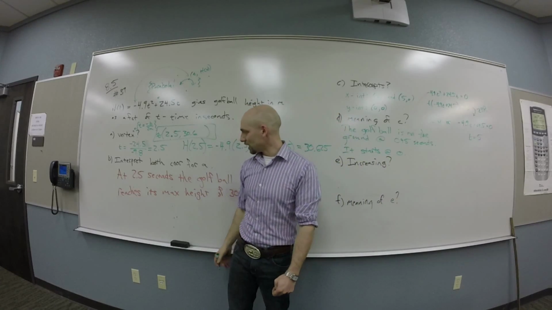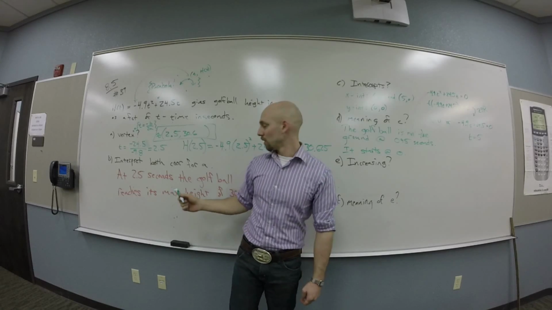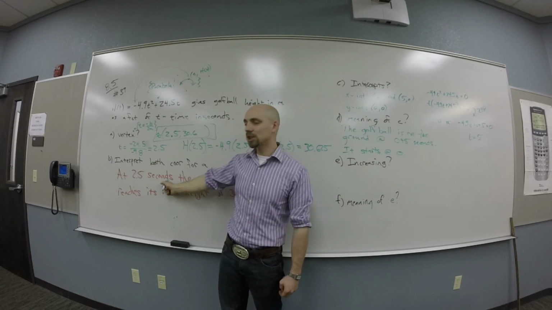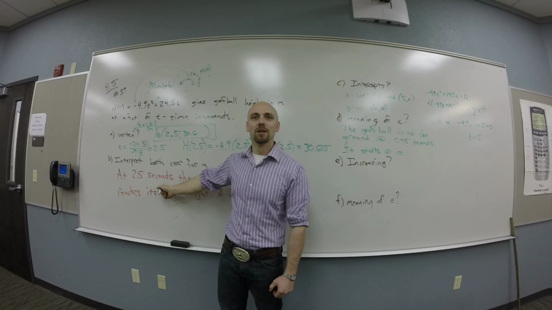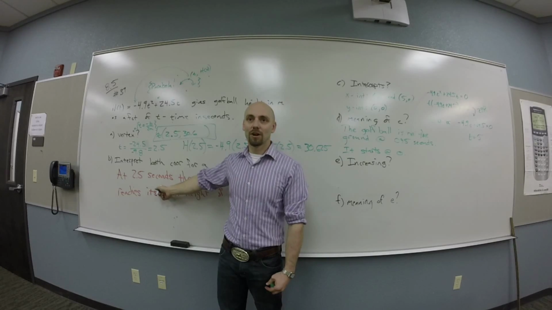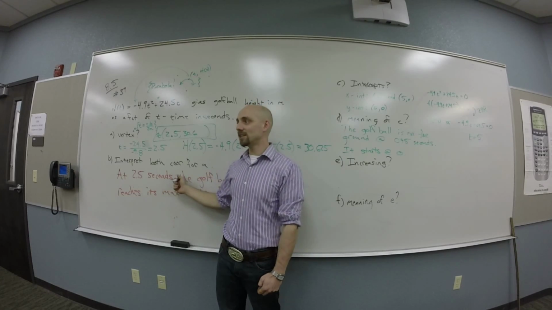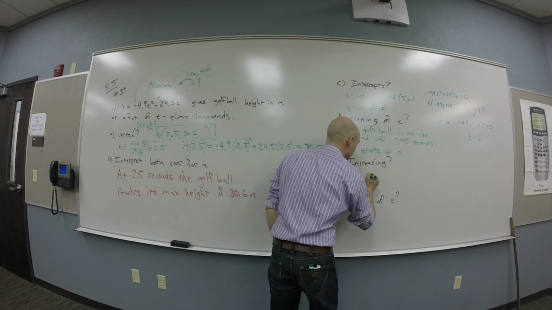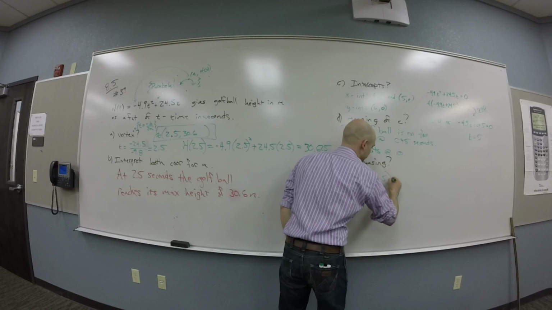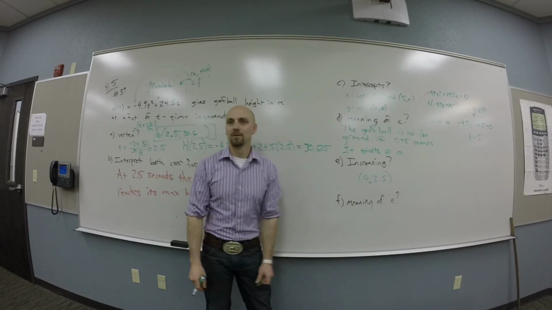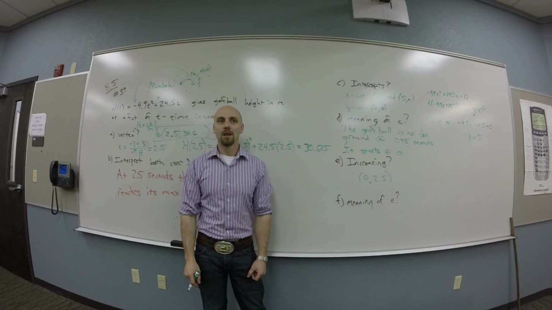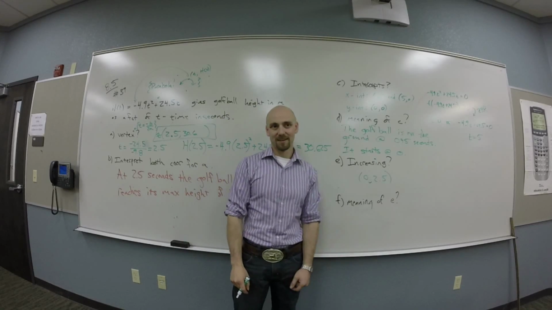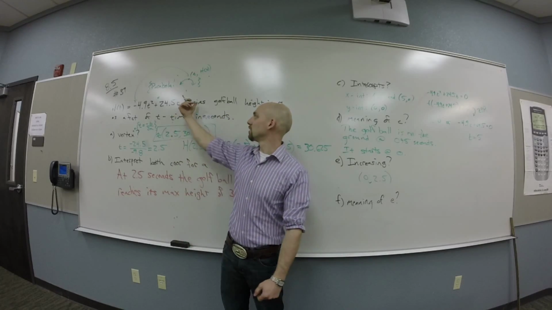Okay, I'm going to write these last two just because we're kind of out of time. So our maximum height was at 2.5 seconds, right? So it's increasing from the beginning till then, so it's increasing from 0 to 2.5. You guys all see that? What does increasing mean in terms of a height function?